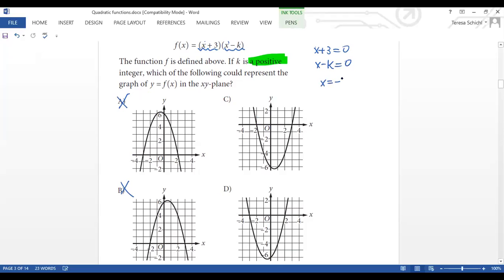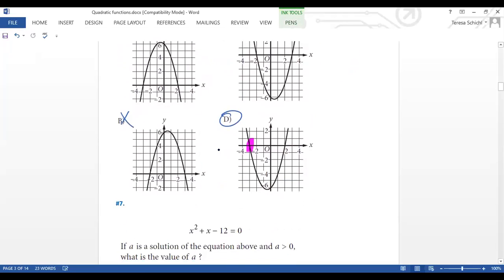So x equals -3 and x equals k. We don't know what k is, but we know that one of the x values has to be -3. So which one is -3? Here, right? So that's why we know this one will be the answer. That's how you look at it and find it.